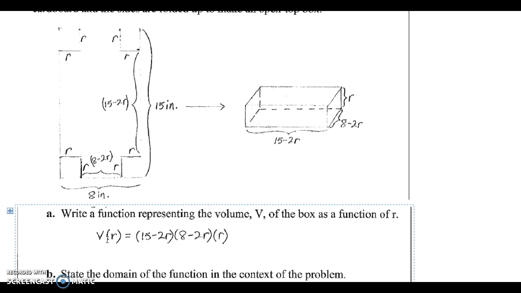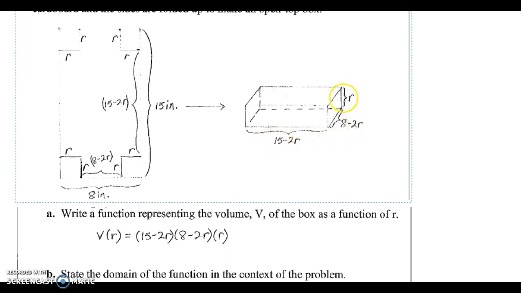How positive can it be? Here's where you have to analyze a little bit. You can do this by plugging in some values of R. So if you plug in 1, you'd have a 1 by 6 by 13 box. If we go up to 2, we'd have a 2 by 4 by 11 box.